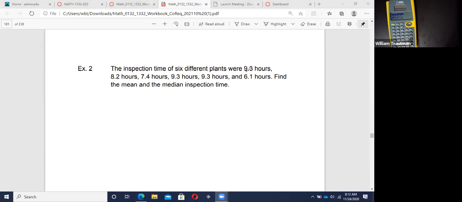There are 1, 2, 3, 4, 5, 6 pieces of data, and I'm going to put them in order right now. 6.1, 7.4, 8.2, 9.3, 9.3, and 9.3. So to find the average, you would add them all up.